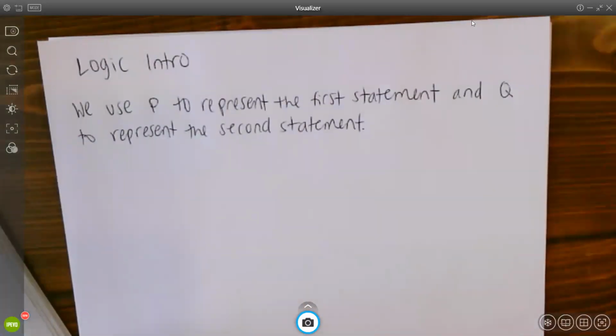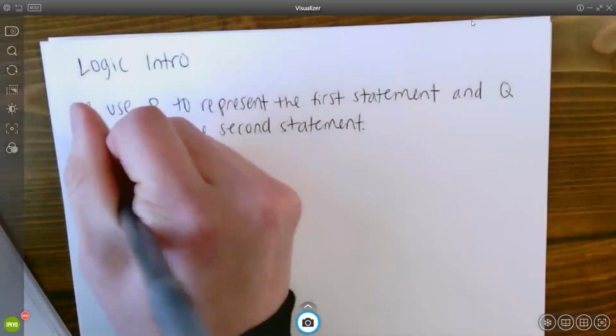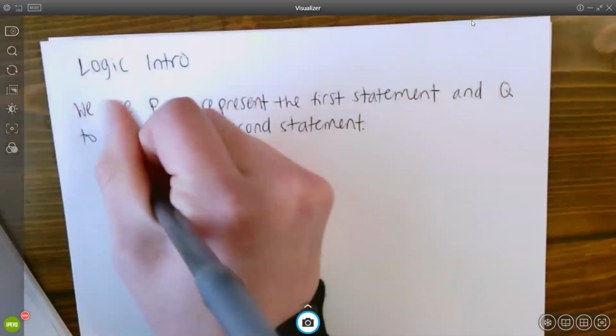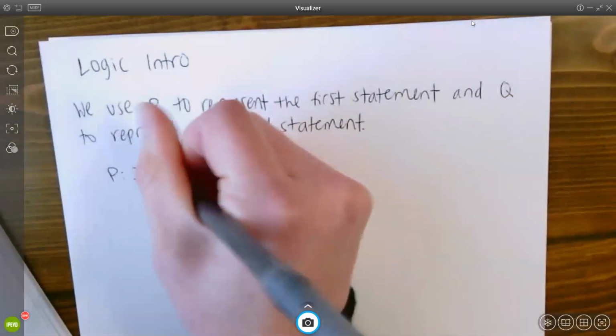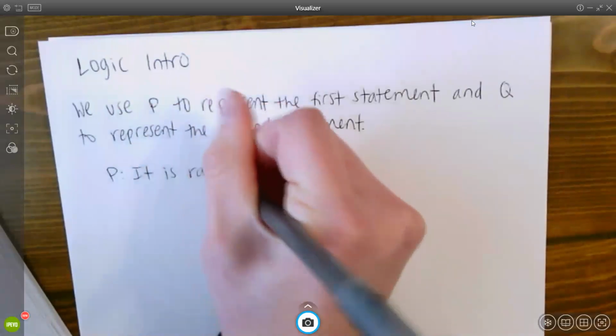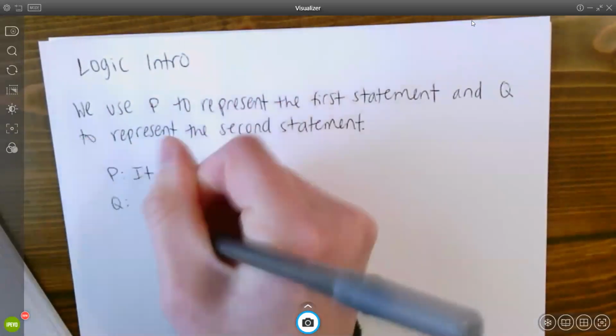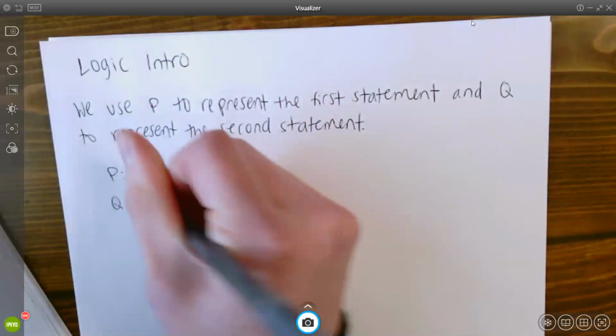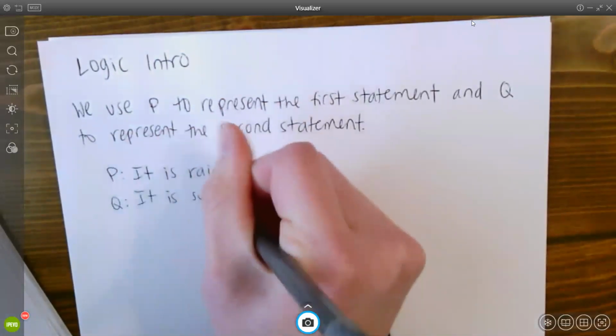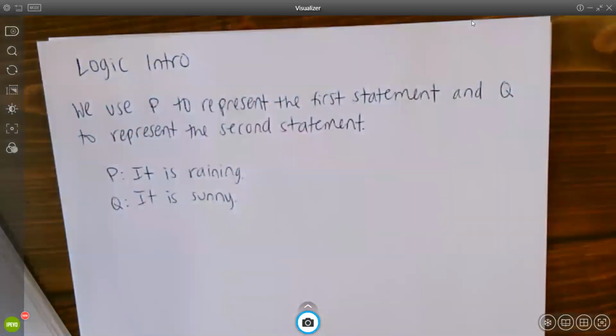So for example, I could have P would be the statement, it is raining. Q would be the statement, it is sunny.